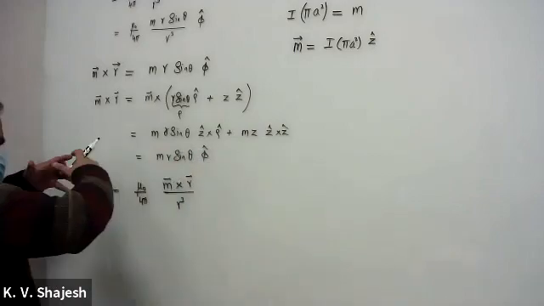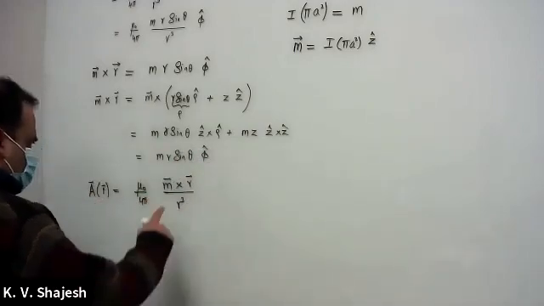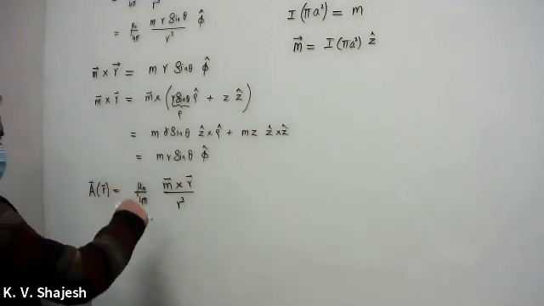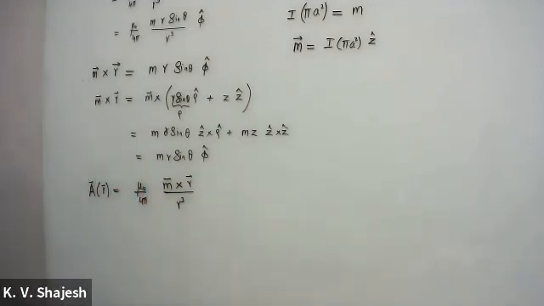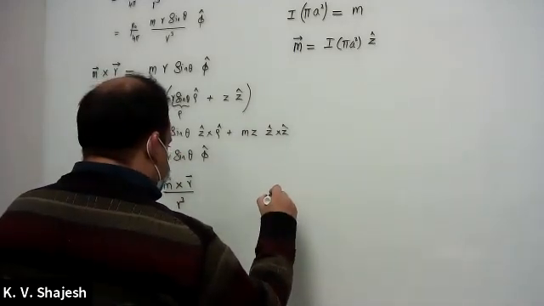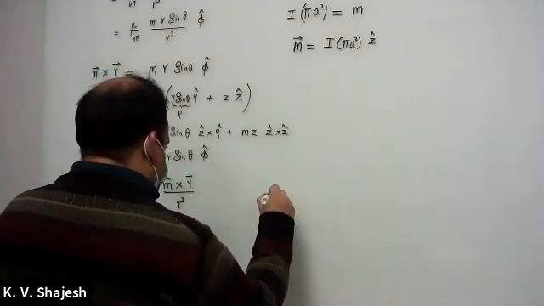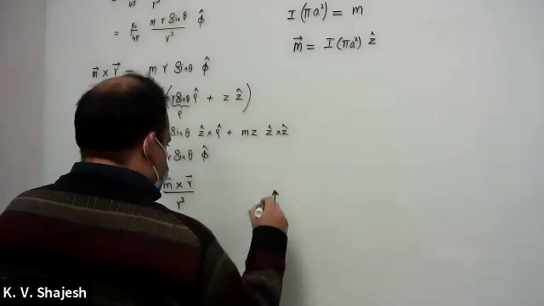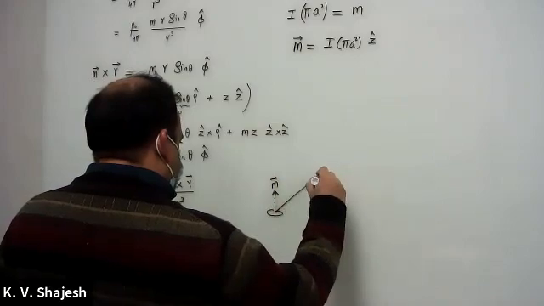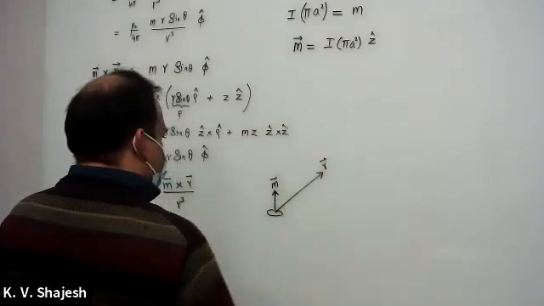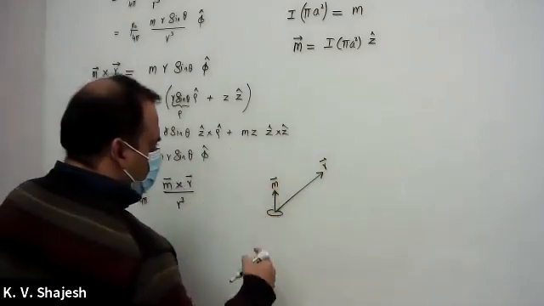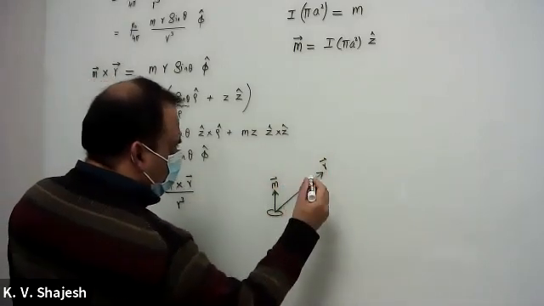So everywhere it first of all dies off as 1 over R square actually, because there's an R in the numerator, and its direction is given in terms of the cross product between M and R. Remember M, so what we have is M is in this direction, so that's your loop, that's your M, and that's your R. And cross product M cross R gives you the direction of A, which is circular, right?